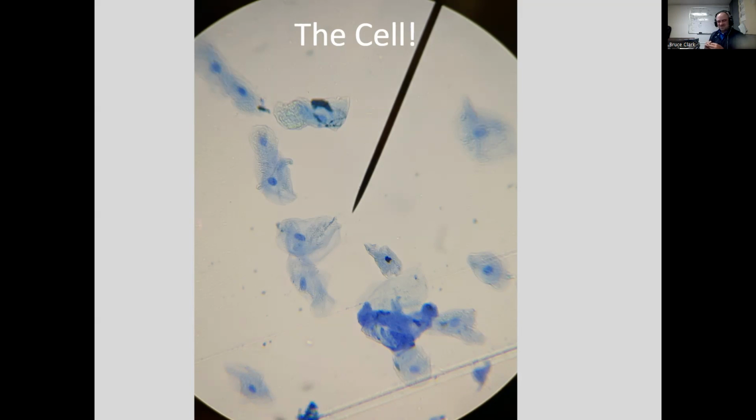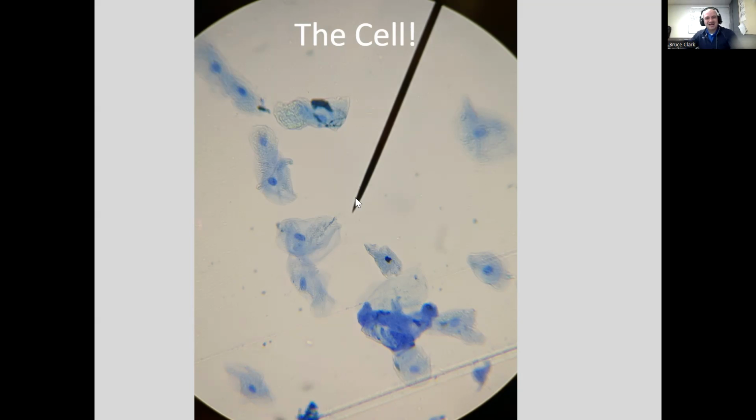So today we're going to talk mainly about cell theory and how that came to be. We're going to start off with the chapter title here, and this is a selfie of mine. Get it? Cell. Anyway, these are actually my cells. These are my cheek cells that I used in the lab once upon a time.